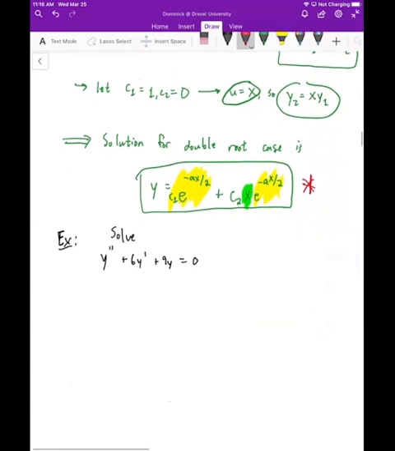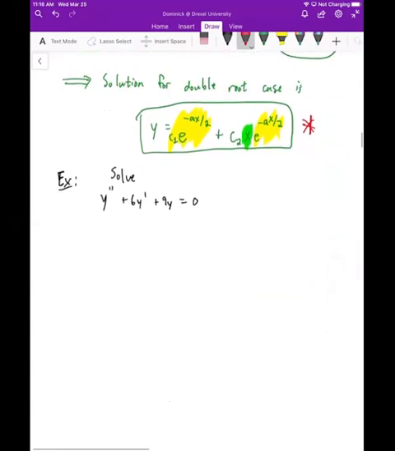So as an example, this y double prime plus 6y prime plus 9y equal to 0 has the form that we're looking for. So again, we assume y is equal to e to the lambda x.